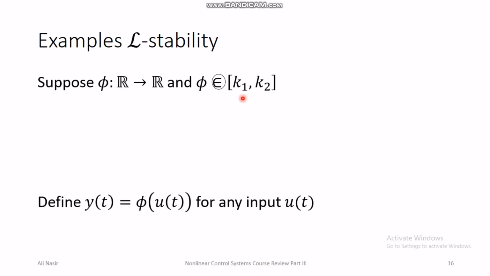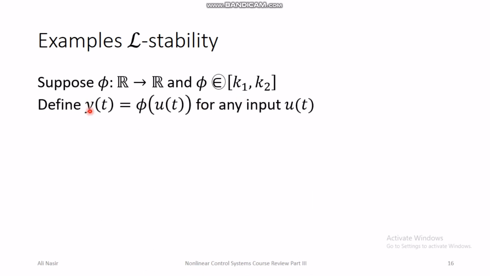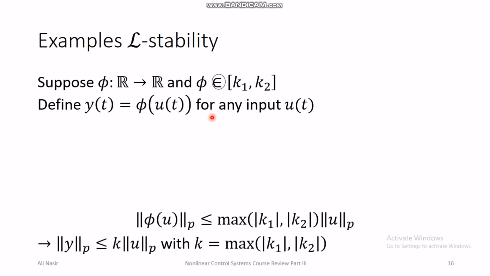So, an example of Lebesgue stability. Suppose we have a nonlinearity phi, a function from real numbers to real numbers, where phi belongs to sector K1 to K2, and we define y equal to phi of u of t as the output.